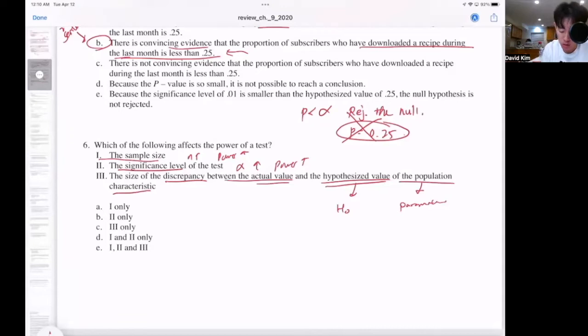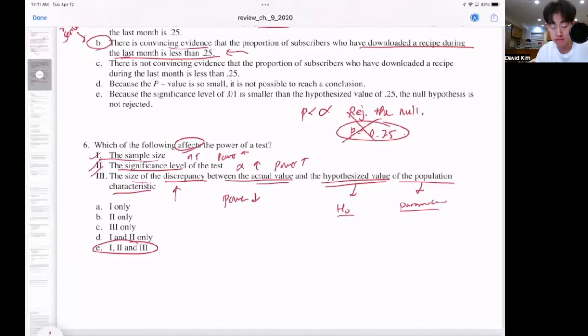If the discrepancy between the null value and the actual parameter value grows, then your power actually goes up. So you want a value that is closely related to the parameter value that's stated. So actually all of these affect the power of a test.